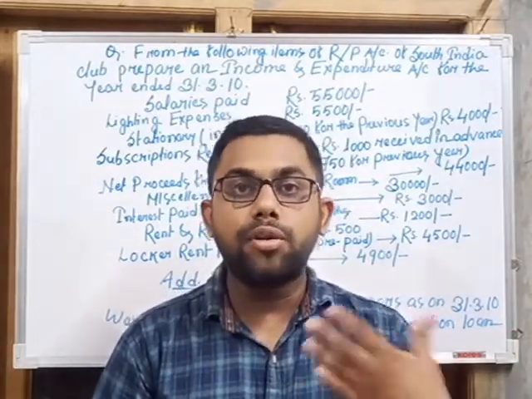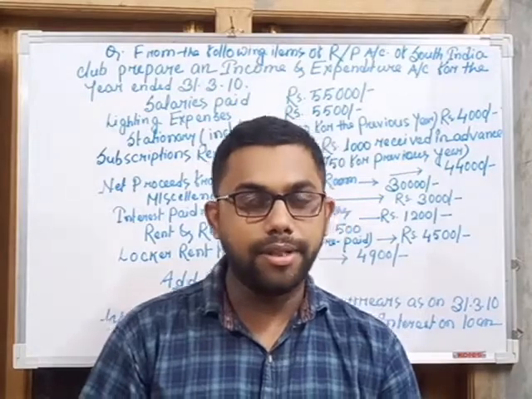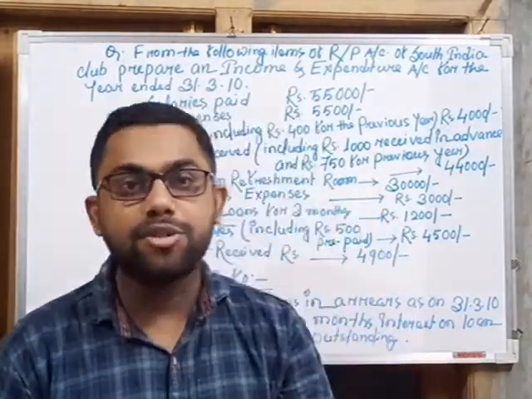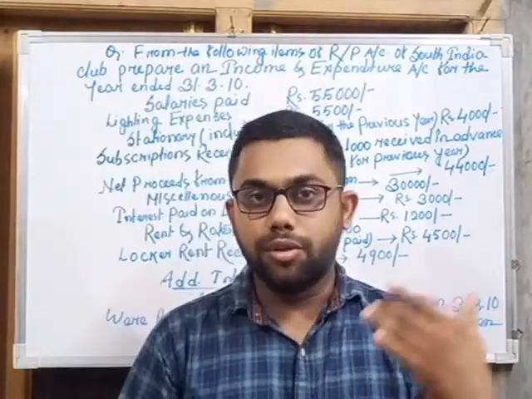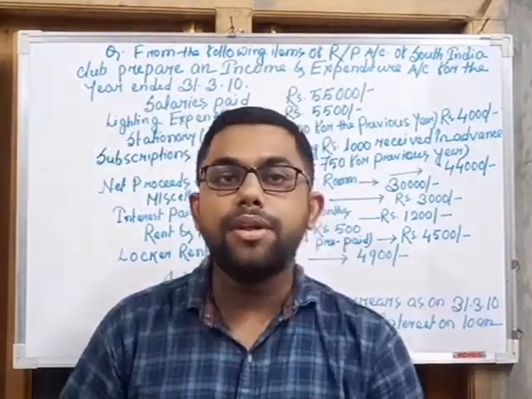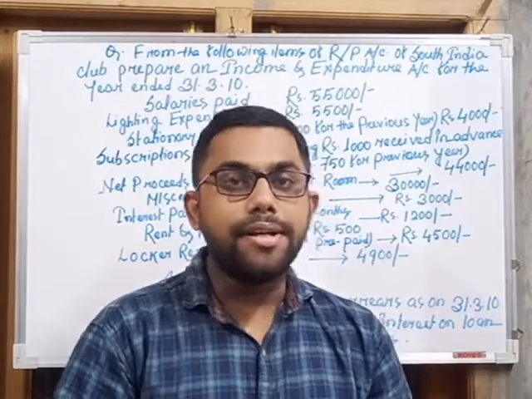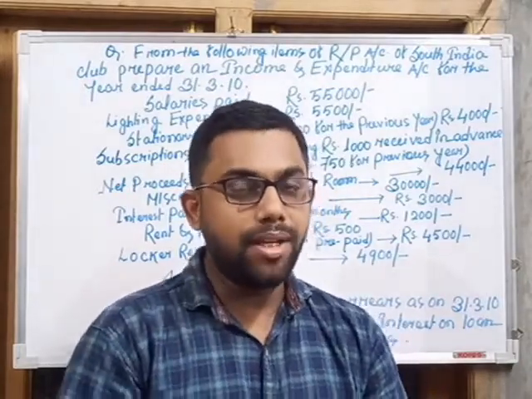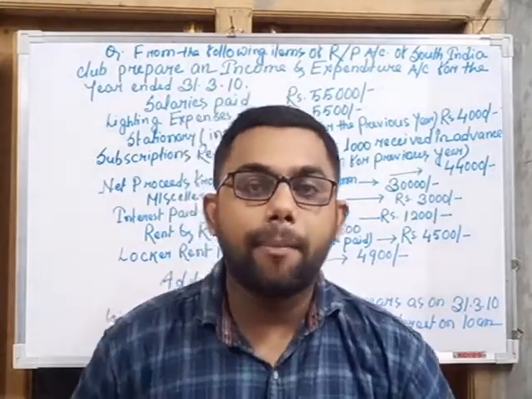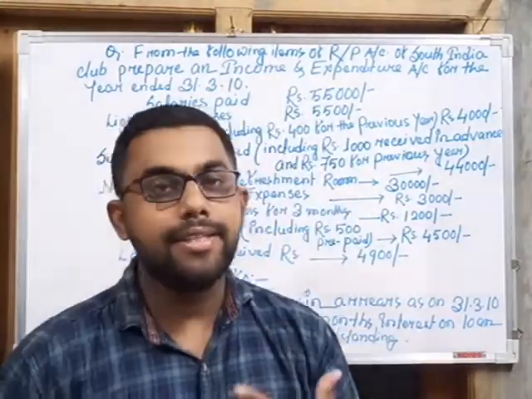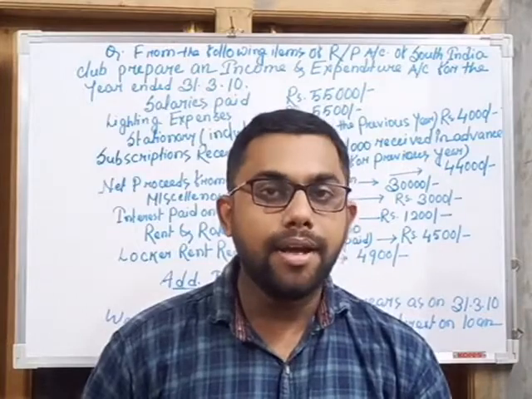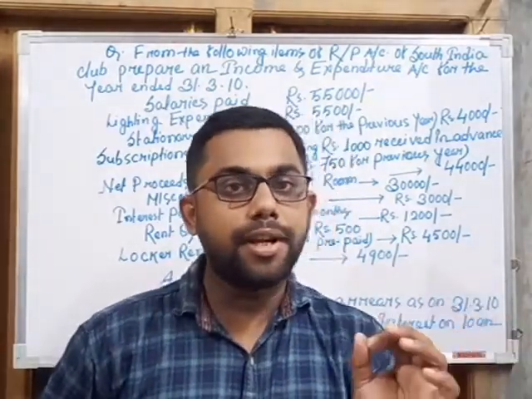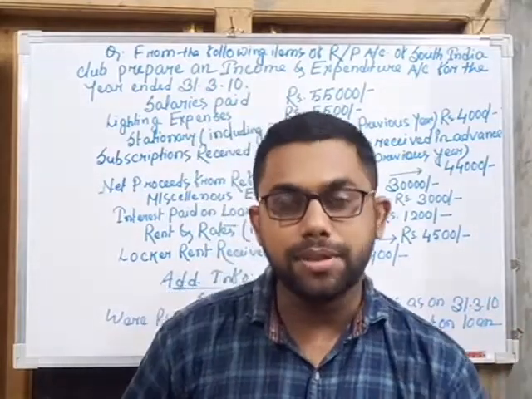And now we are going to start our next account that is prepared by a not-for-profit organization, that is income and expenditure account. Okay, so if we memorize the difference between income and expenditure account and receipts and payment account, we can find that the main difference is that receipts and payment account is prepared under cash basis of accounting, whereas the income and expenditure account is prepared under accrual basis of accounting.